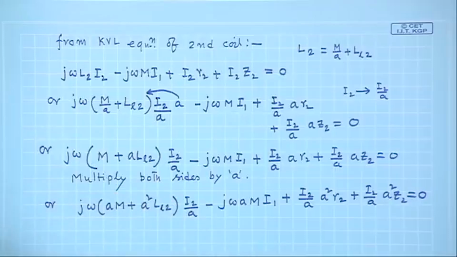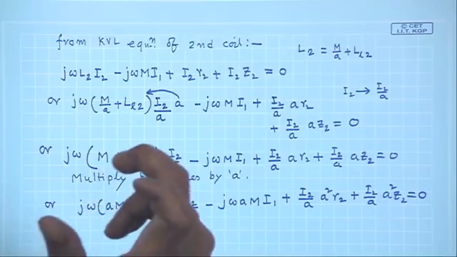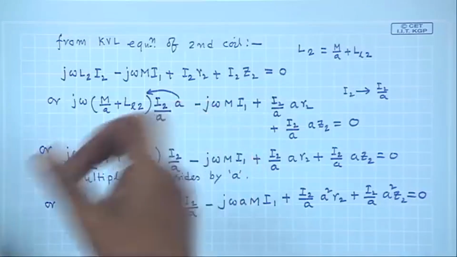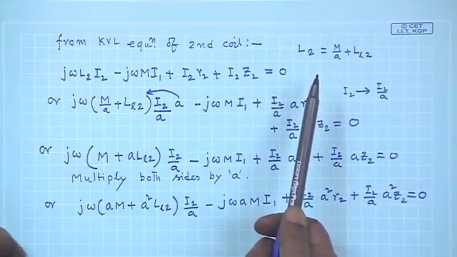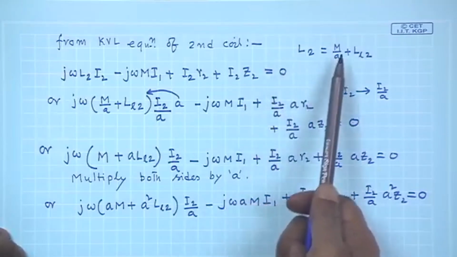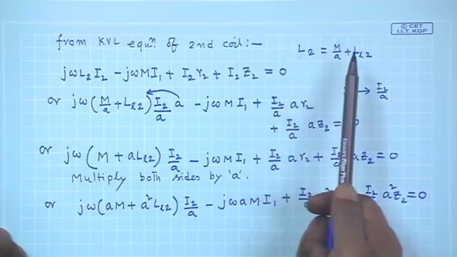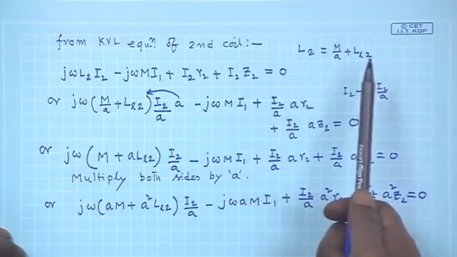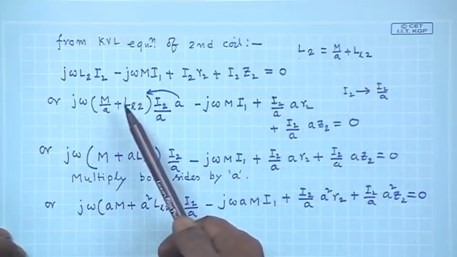Because in the transformer equivalent circuit I know there is no term representing capital L1, the self inductance is absent. It is expressed in terms of mutual inductance terms and LL2. So, that is the reason I have replaced L2 by expressing it in terms of mutual inductance and leakage inductance and put it here.